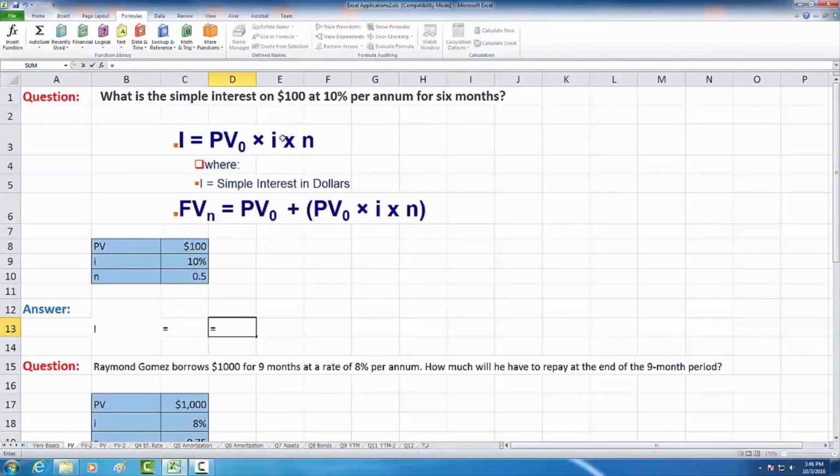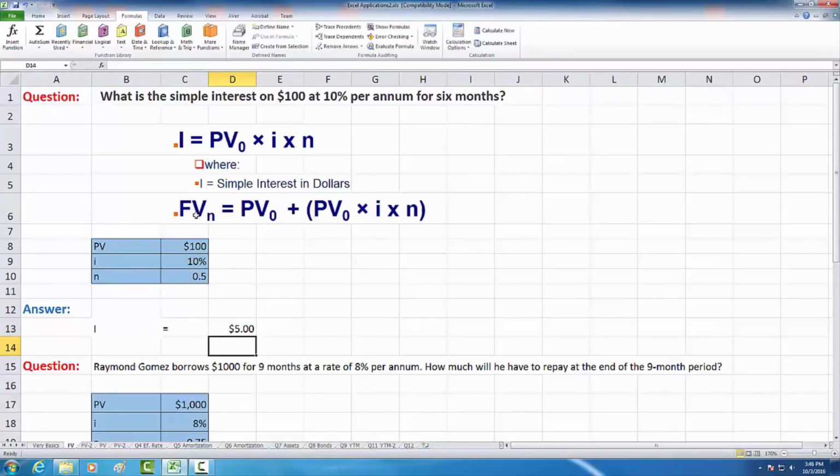Present value, which is $100, interest rate 10%, and n is 6 months, which is half a year, so 0.5. That's why I use 0.5 here. You just do C8 times C9 times C10. When you hit the enter button, you have the answer. Boom, $5. This is just the interest.